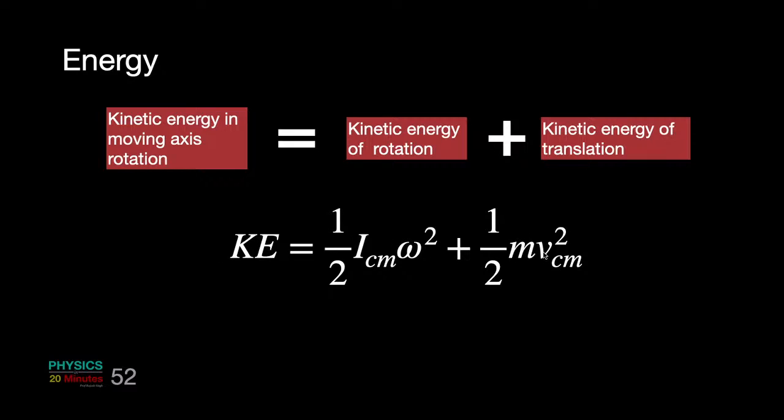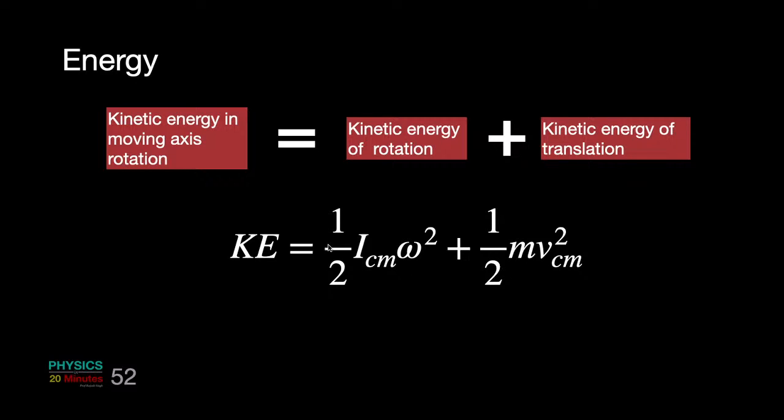So this equation becomes very obvious. You have two components of kinetic energy, one due to pure rotation, half I omega squared. Remember here, rotation is about the center of mass, so the moment of inertia has to be about the center of mass, and the kinetic energy of translation.